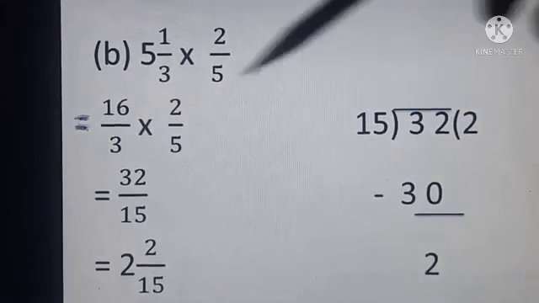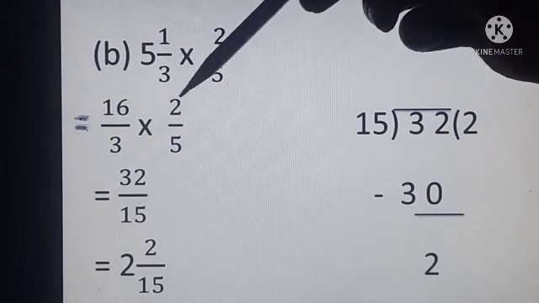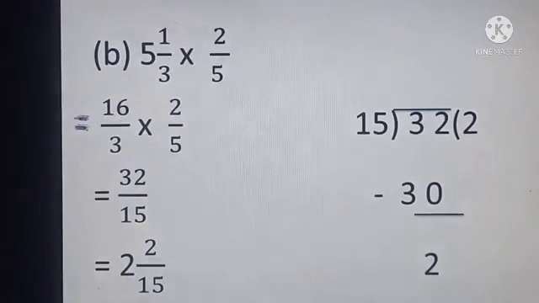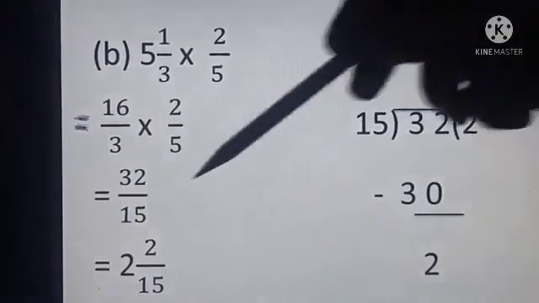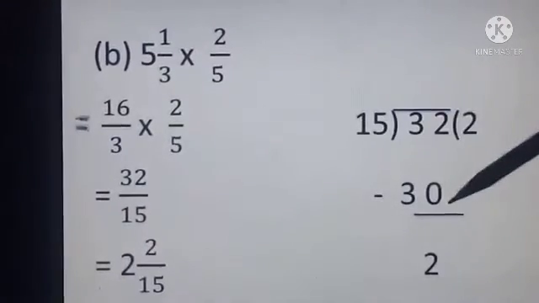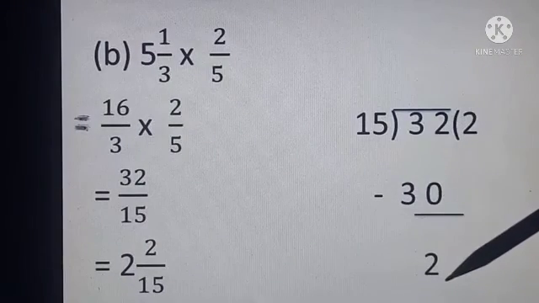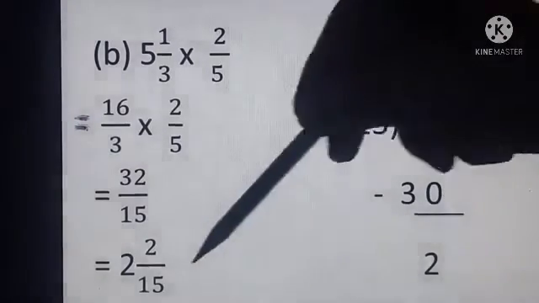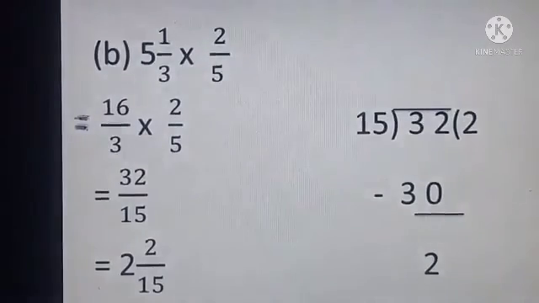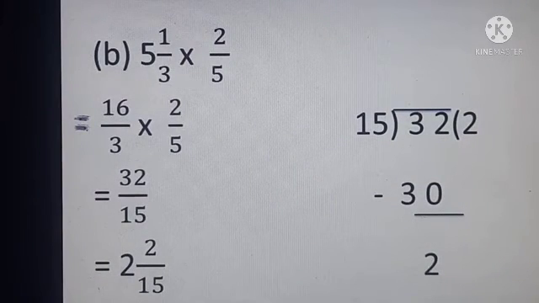Why we have done directly multiplication? Because cutting is not there. 2, 3, 5, all are prime. So no cutting is there. Now 32 divided by 15. 15 twos are 30. 32 minus 30. Remainder is 2. So our answer will become 2 whole 2 by 15. Understood? Simple questions, huh?